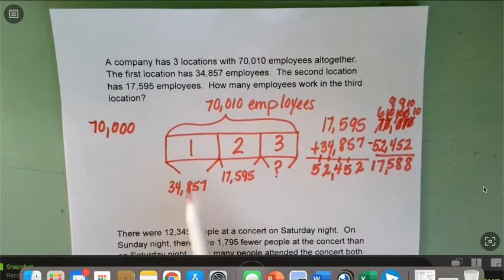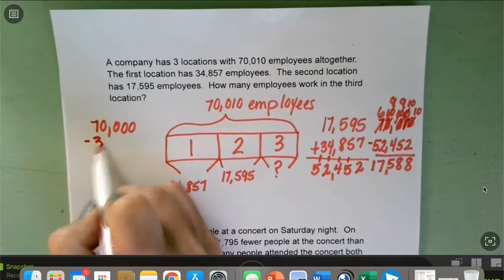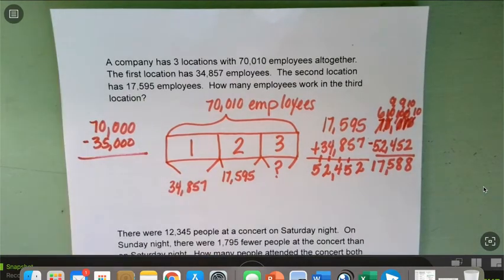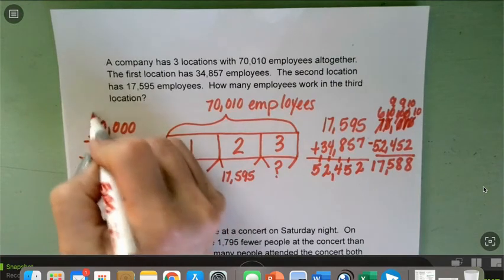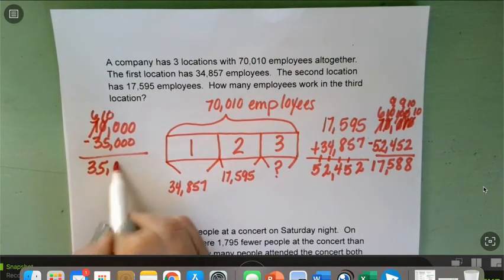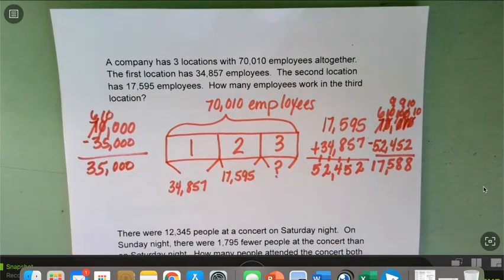And then I have 34,857. We're going to round this to 35,000, and we're going to subtract 35,000 from 70,000 to see what's left. Just so happens 35,000 is half of 70,000, so we have the exact same answer.